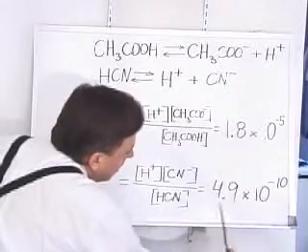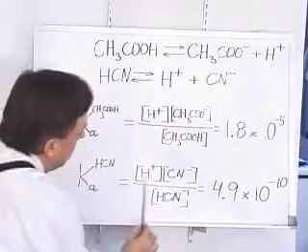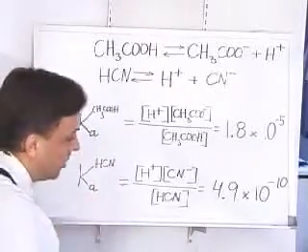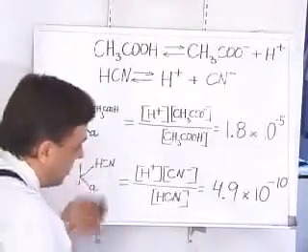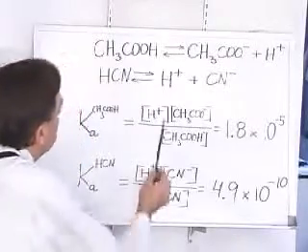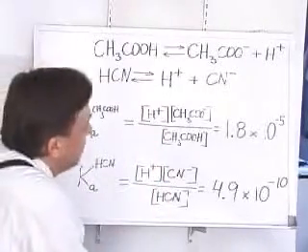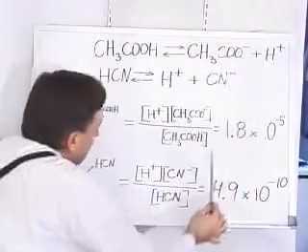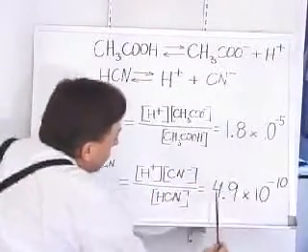Much lower. This means that the ions produced by this ionization are much fewer compared to the ions in the case of ionization of acetic acid. Therefore, acetic acid is a stronger acid compared to hydrocyanic acid.